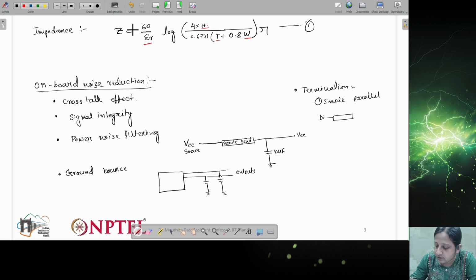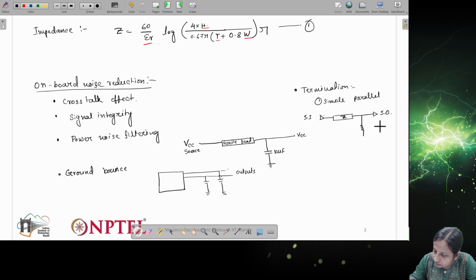So Z is the impedance already present in the PCB board. This is the signal input. Now the signal output will be affected due to this impedance present. What we have to do is provide the matching impedance. In this simple parallel method, the matching impedance will be connected in parallel, connected to the ground. So this is the matching impedance.